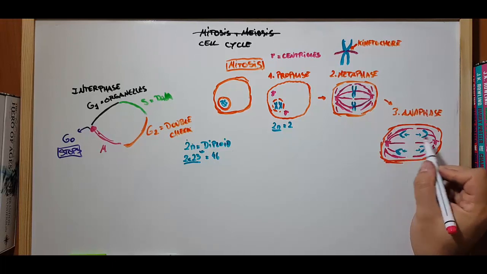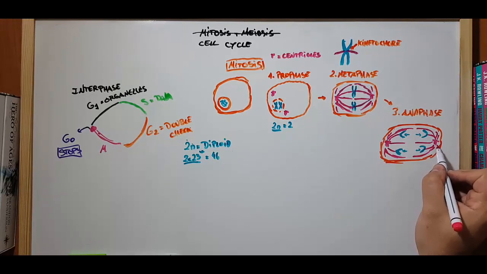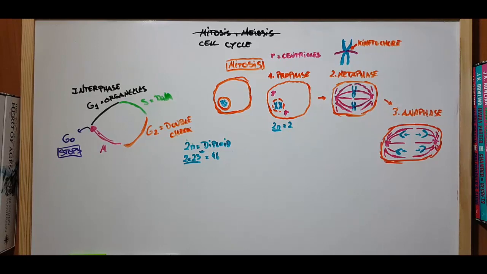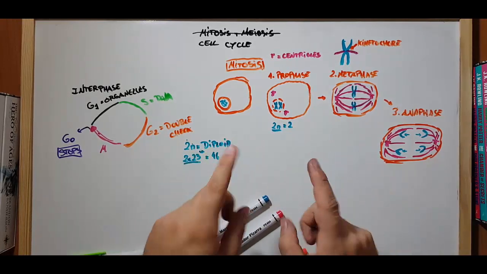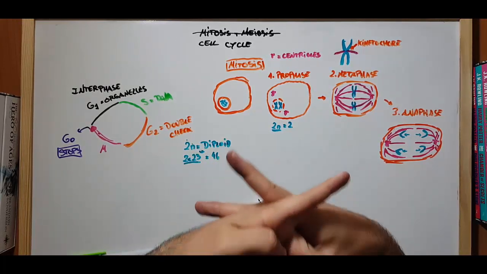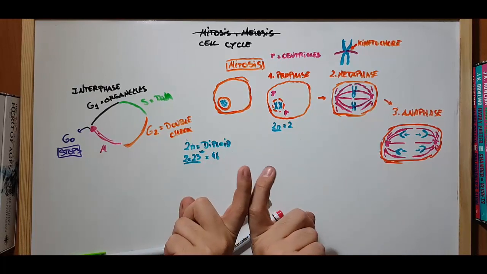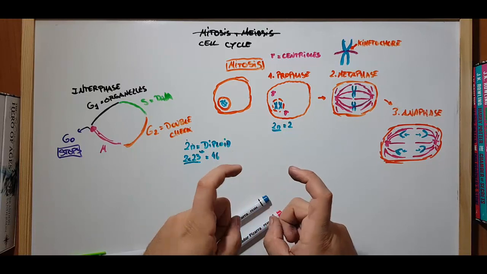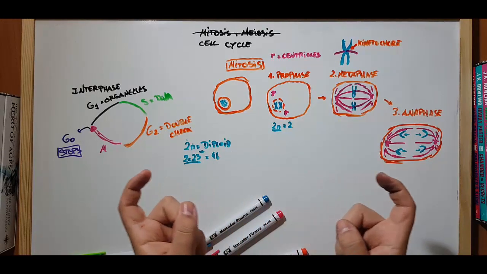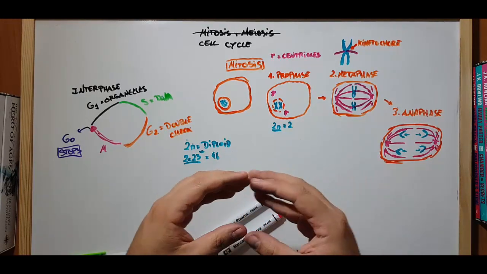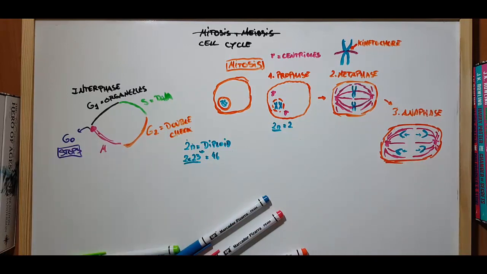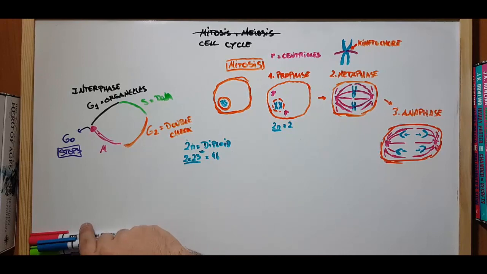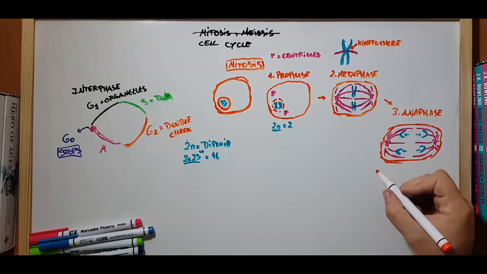There are thousands of microtubules in a cell, not just 3 or 4. So the microtubules are going to, if this is a chromosome, okay, with 2 chromatids, it's going to break, and then it's going to be pulled apart. It's going to move to the poles. Okay, they're going to move to the poles, and then we have the telophase.